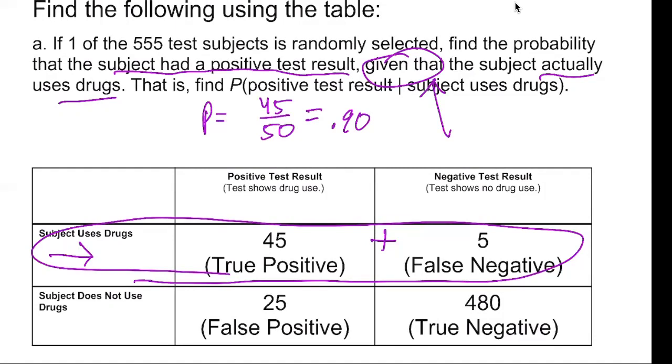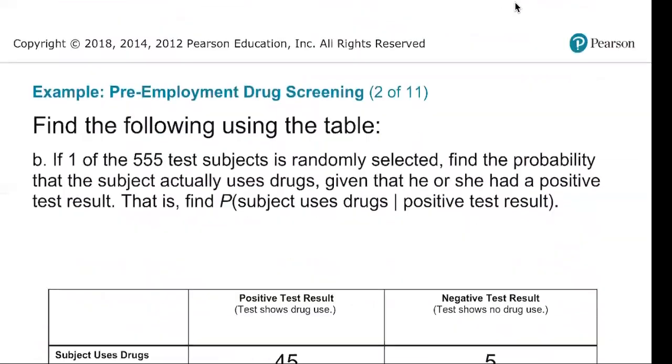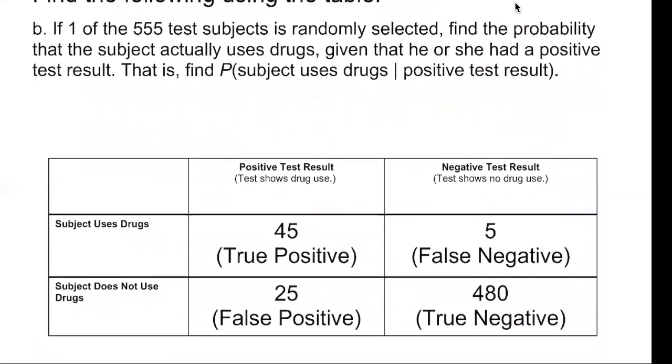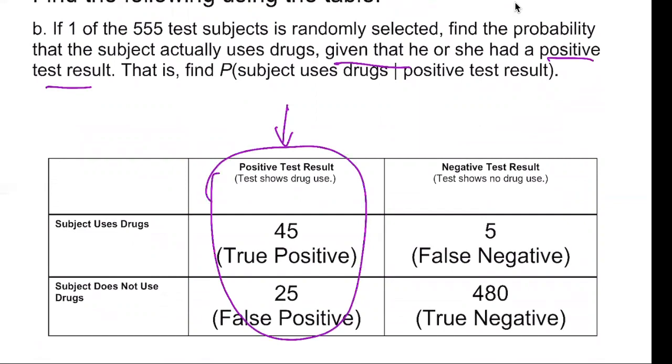So let's do one with a column. Find the probability that the subject actually uses drugs, given that he or she had a positive test result. Now I'm focusing on the column. So here, uses drugs, that's 45.